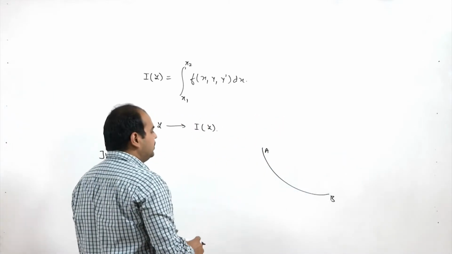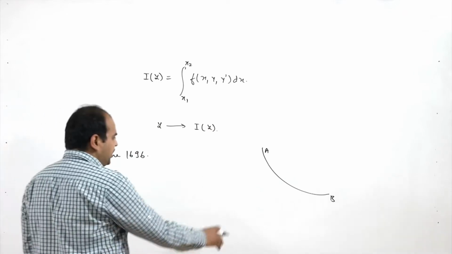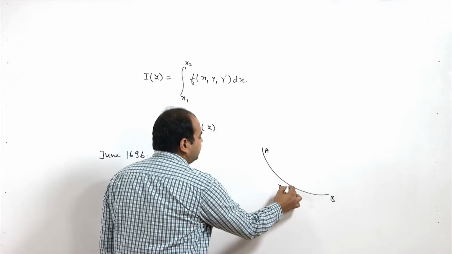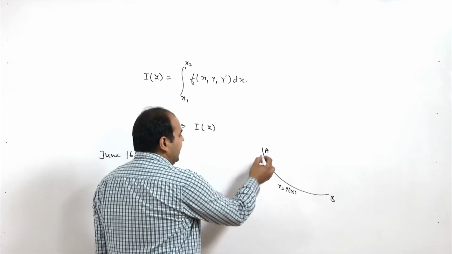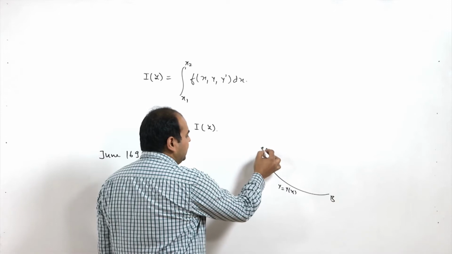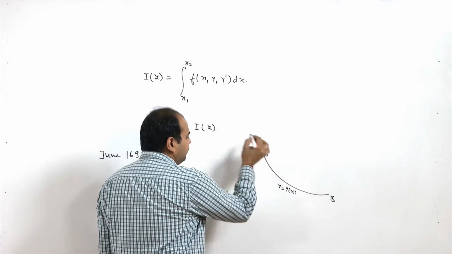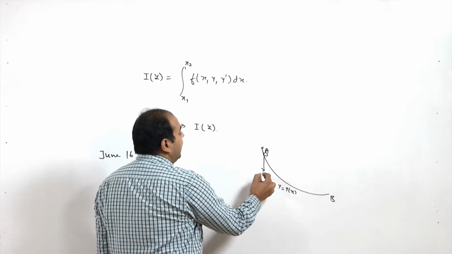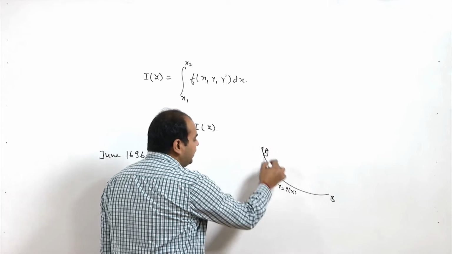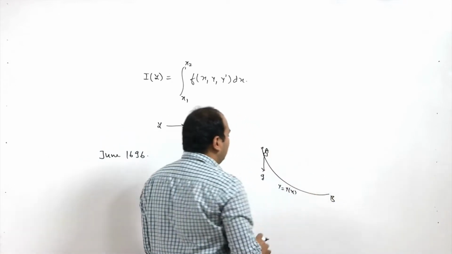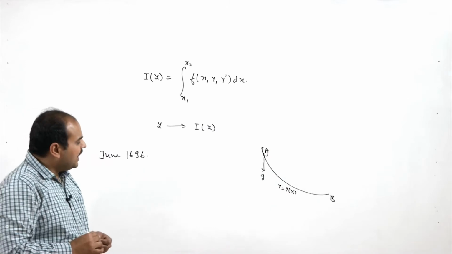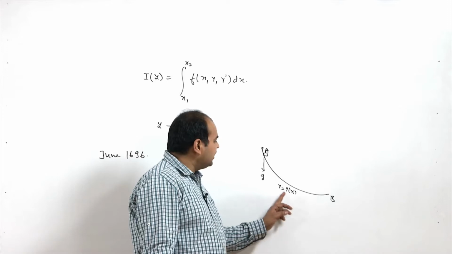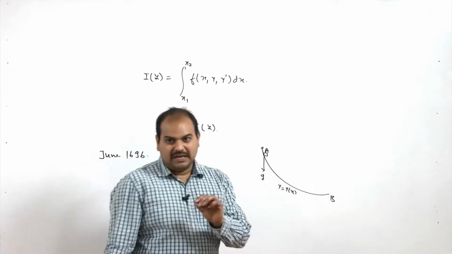We try to find out, if there is no friction along this curve, let us call it y as a function of x here, and then we take a particle starting from A, and just under the influence of gravity it starts falling along this curve AB, and we need to find this function y equal to y of x along which this particle takes the least time.